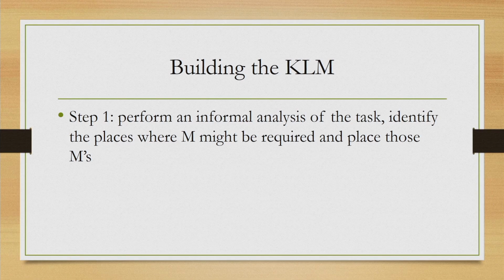In step 1, we need to perform an informal analysis of the task and identify the places where M might be required and place those M's. So, when we want to build a model, we start informally as we have done in the examples, and there we place them as per our intuition.